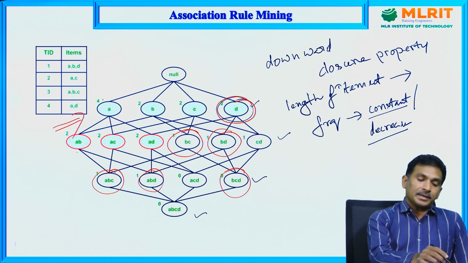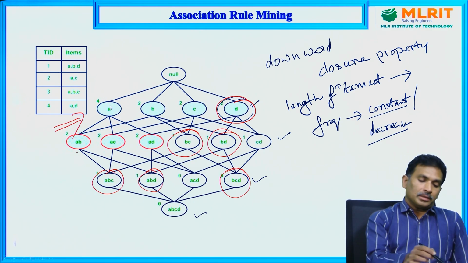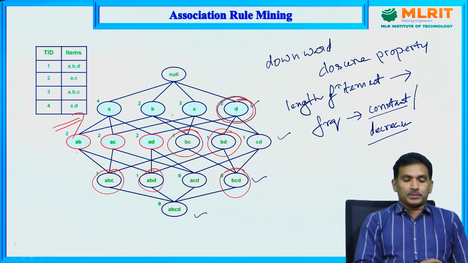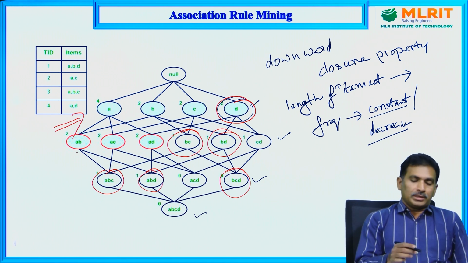We scan the database, find the frequency, and check whether they are frequent or not. Because the frequency of all these single item sets is 2, which is greater than or equal to the specified threshold of 2, these are frequent.